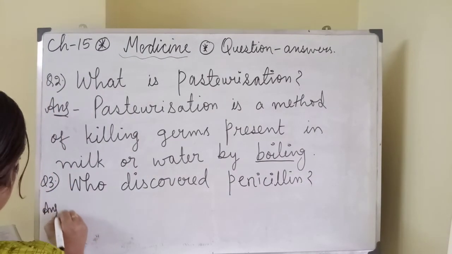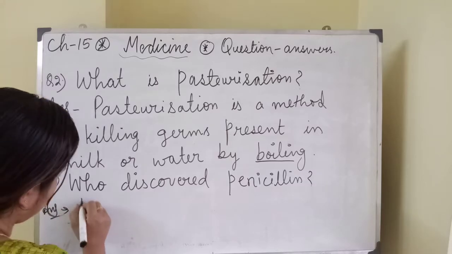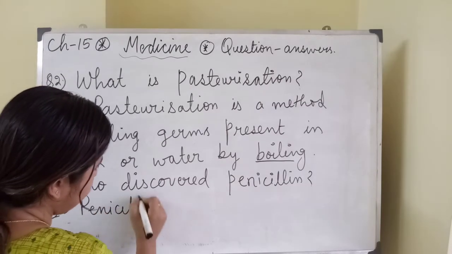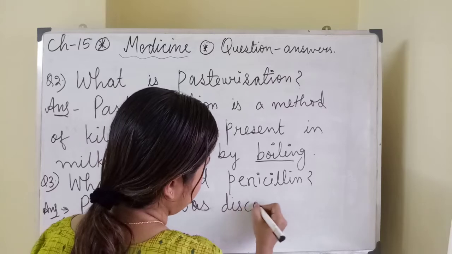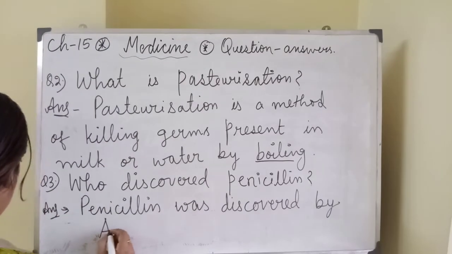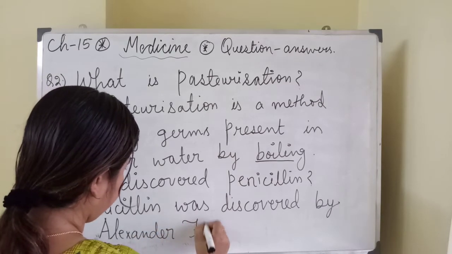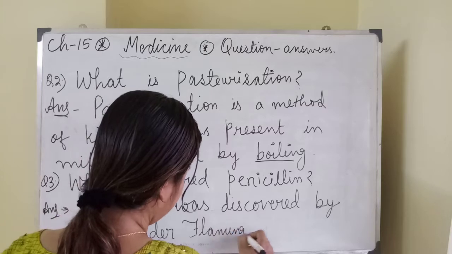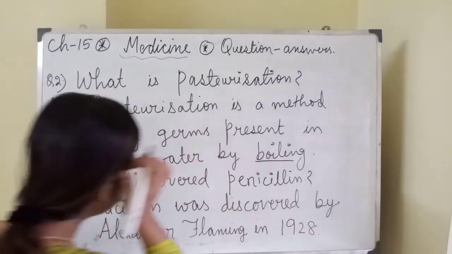The correct answer is: penicillin was discovered by Alexander Fleming in the year 1928.